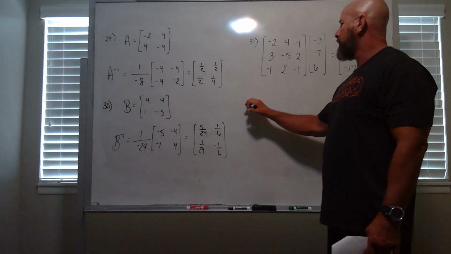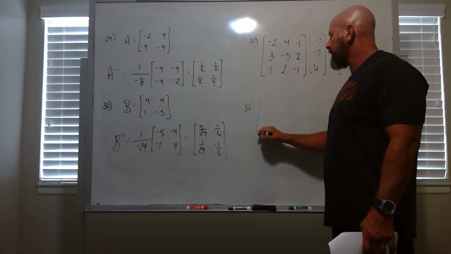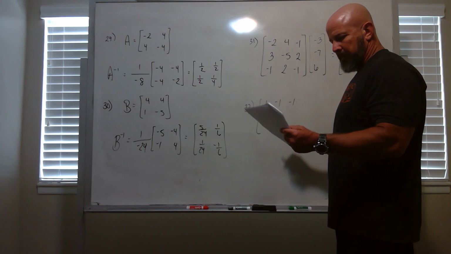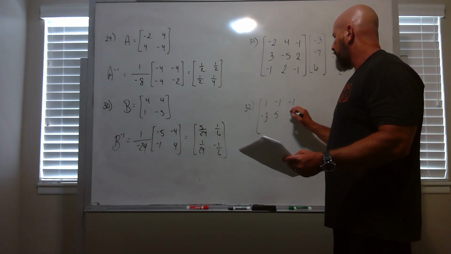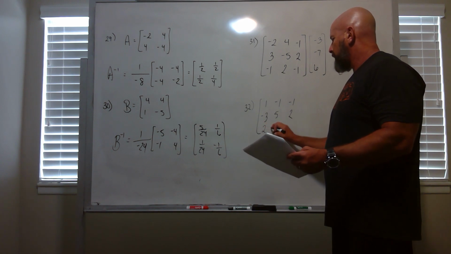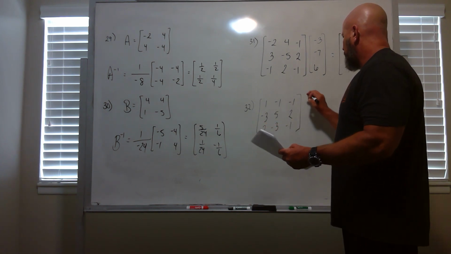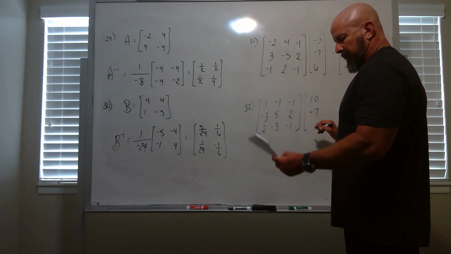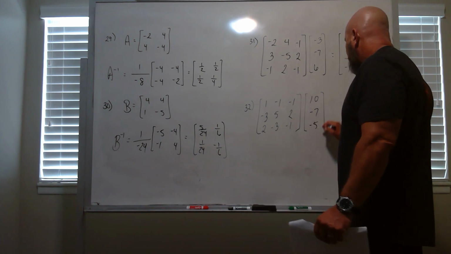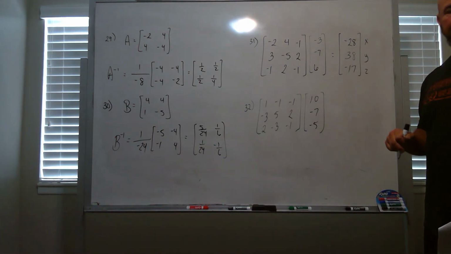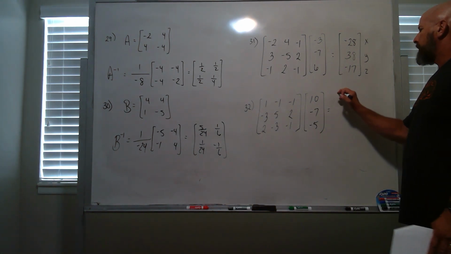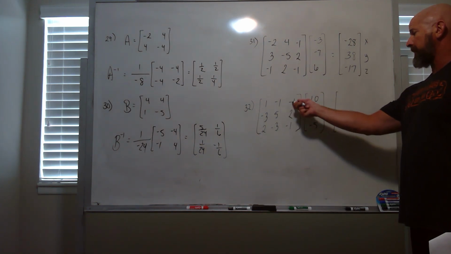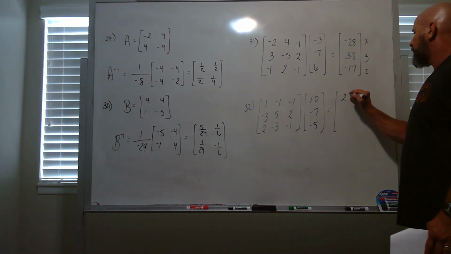So again, 32, same idea. I'm taking the inverse I'm given, which is 1, negative 1, negative 1, negative 3, 5, 2, 2, negative 3, negative 1. And I'm multiplying that by my answer matrix, 10, negative 7, negative 5. And that's going to produce my X, my Y, my Z. Top number, let's see, that'd be 10, plus 7 is 17, plus 5 is 22.